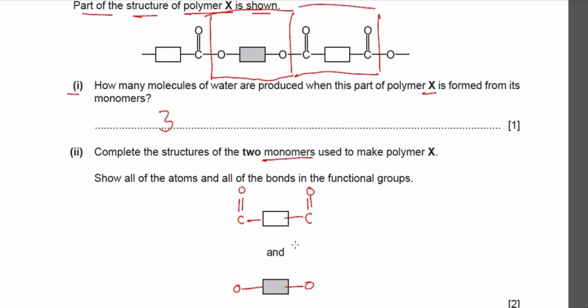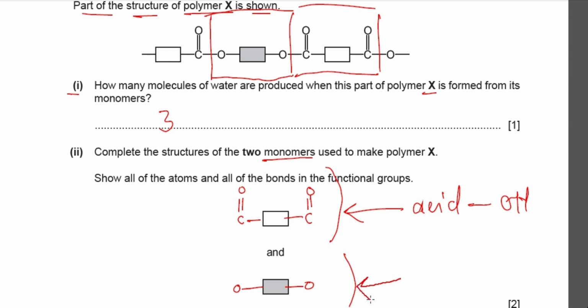Also remember that the part where C double bond O is present represents the acid. So to the acid part, always attach OH. And the part which has just O represents the alcohol part, and to the alcohol part just attach H. So just do accordingly what I said.